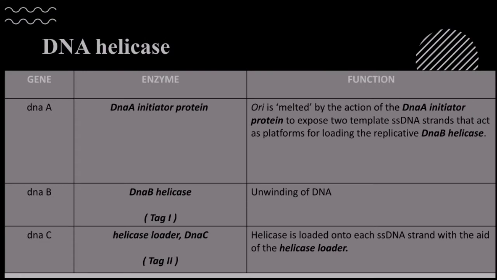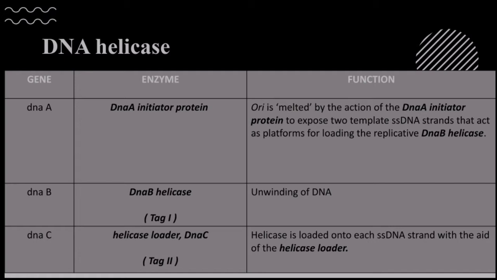The different factors associated with the functioning of DNA helicases are given here. DnaA initiator protein, which is encoded by the gene dnaA, is involved in the melting of the ori site and exposes two templates of single-stranded DNA strands and acts as a platform for loading the replicative DnaB helicase. Secondly comes the DnaB helicase, which is encoded by the gene dnaB.